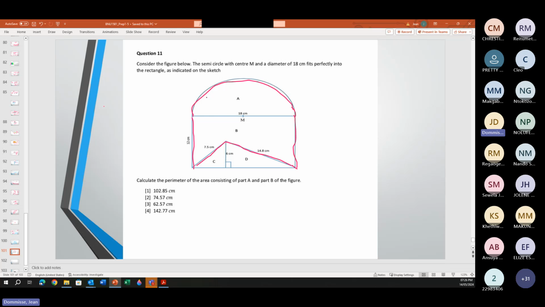That is what I would have assumed by reading that. So what we need to work out is the perimeter of a semicircle. So 2 pi radius divided by 2.